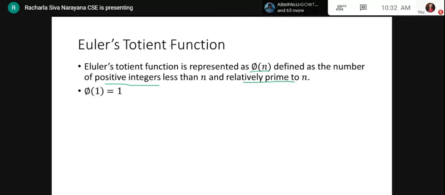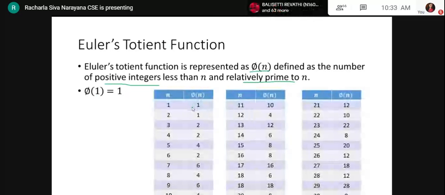These are the n values, and these are the totient values. For 1 there is only one relatively prime number, that is 1. For 2, the relatively prime number is only 1.